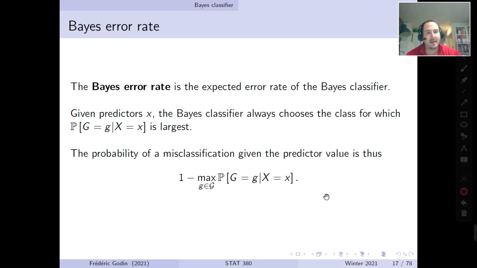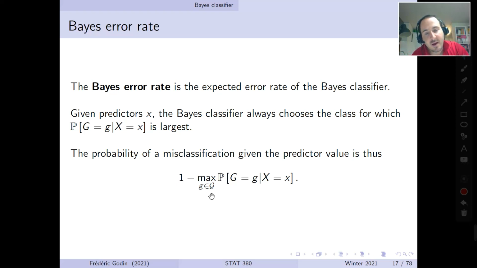Well, if we go back to our orange-blue example, let's say for a given value of x, the probability of being orange is 80% and blue 20%. Then the observation would be classified as orange, where the 80% is the maximal probability associated to a given class.